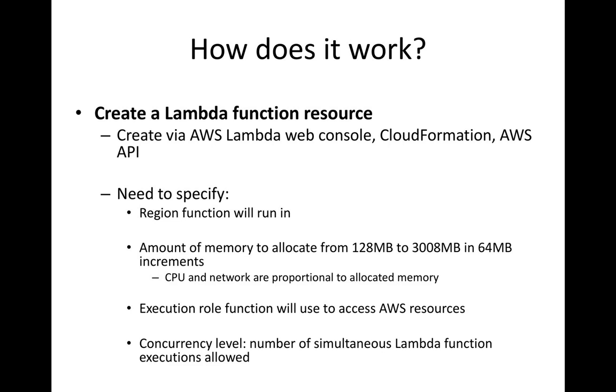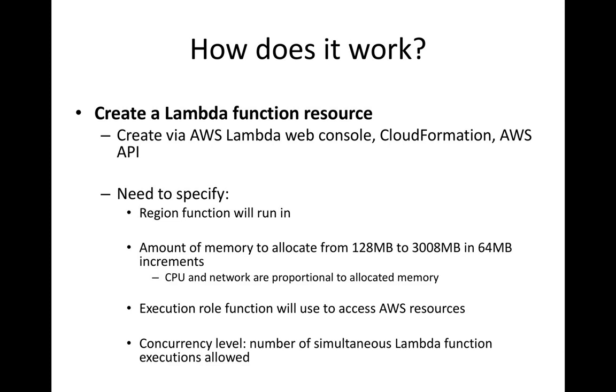When you create a Lambda function resource, you're specifying a number of things. First of all, you're specifying the application code that's going to run in that Lambda function resource. You're going to specify the region where that function is going to run, and you're going to specify a certain amount of memory to allocate to that function.